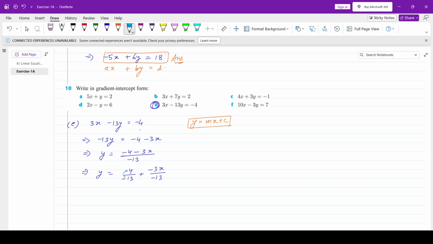We can cross these minus signs out with each other, and we can write y is equal to 3 by 13x plus 4 by 13, and this is our answer.